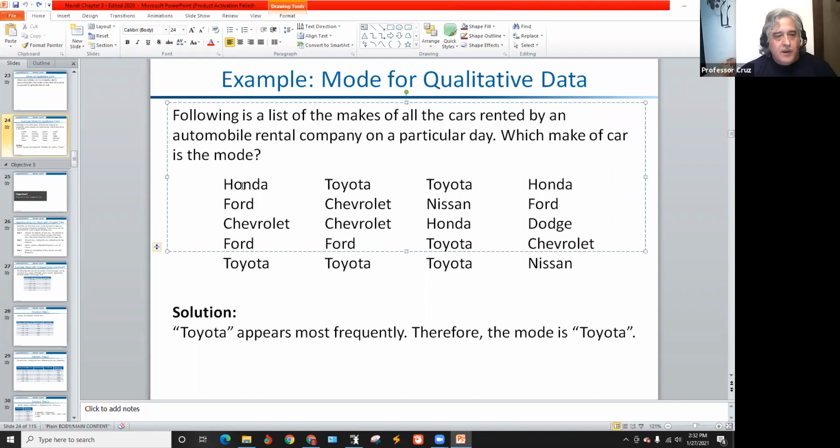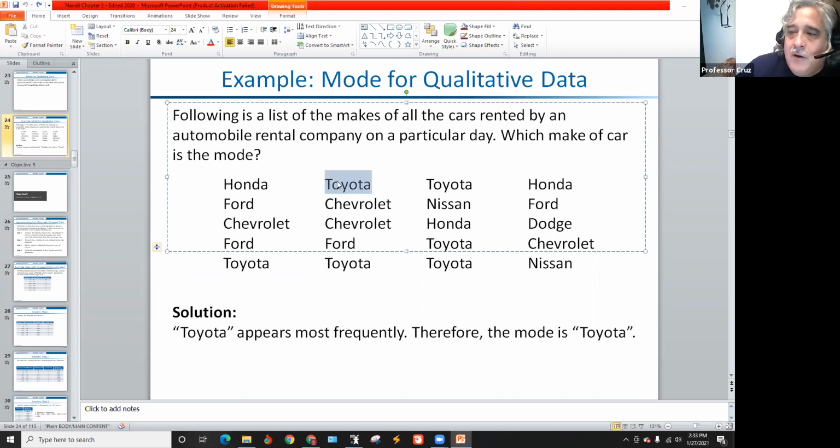That's what we consider a make of a car. It shows us all those, and they tell us that the mode is Toyota, because Toyota is the one that's in there the most.